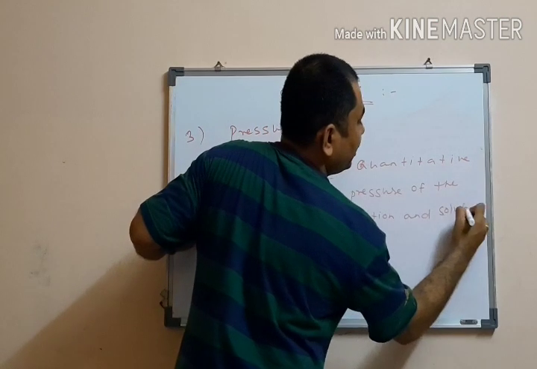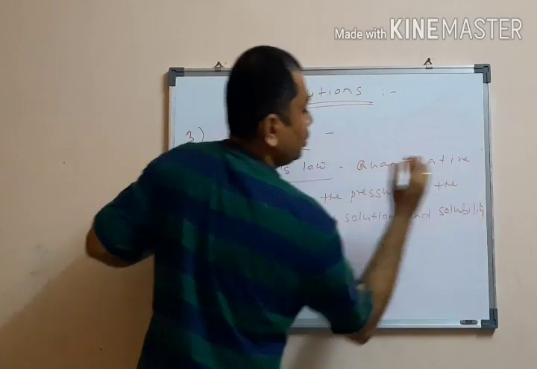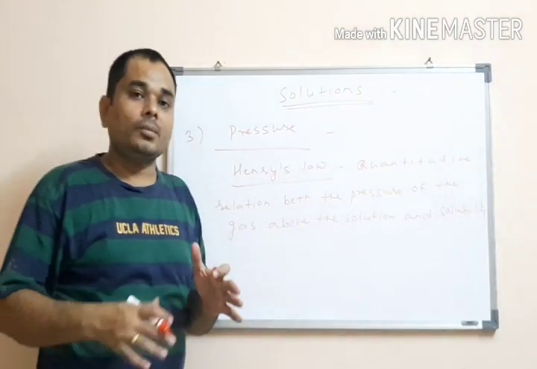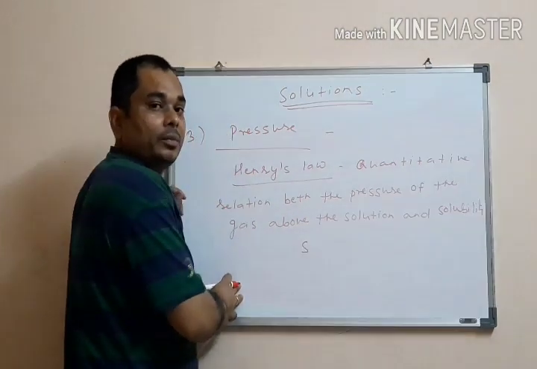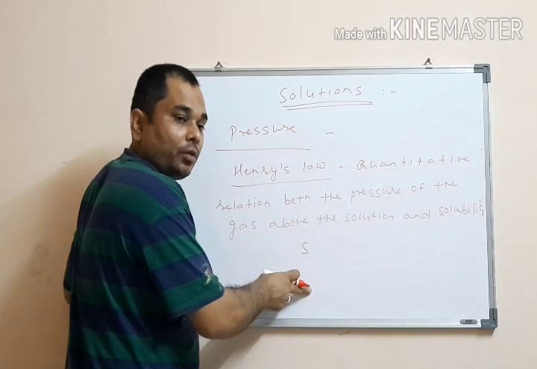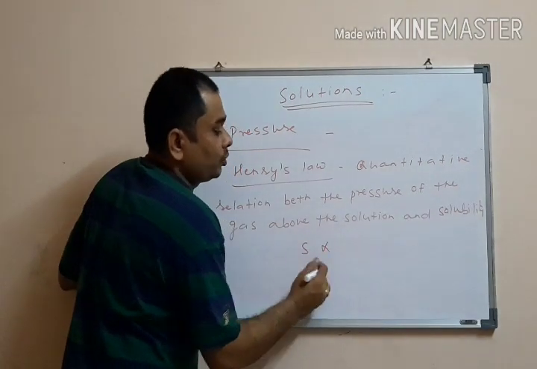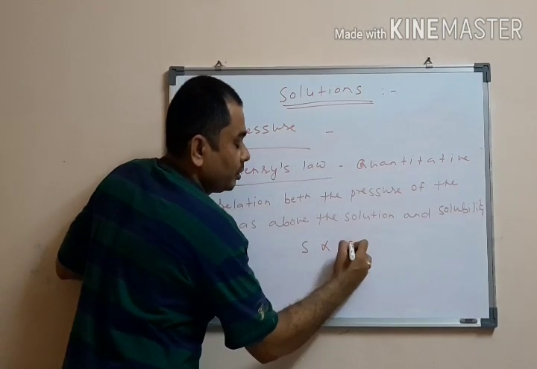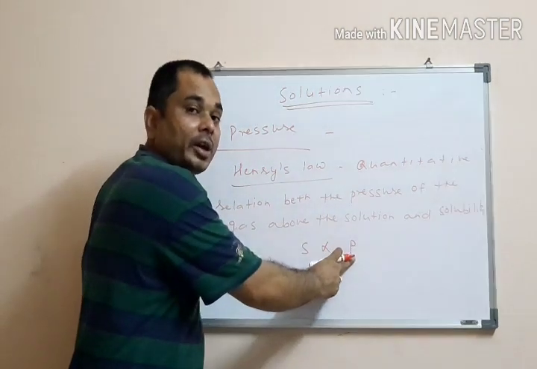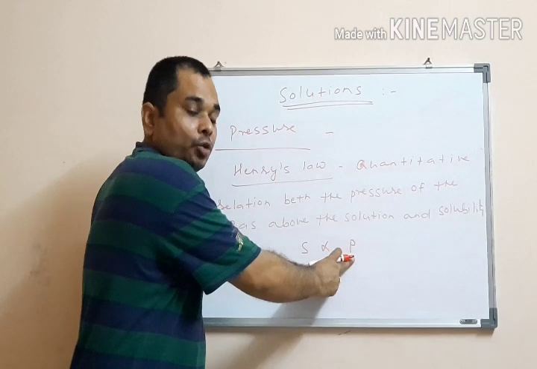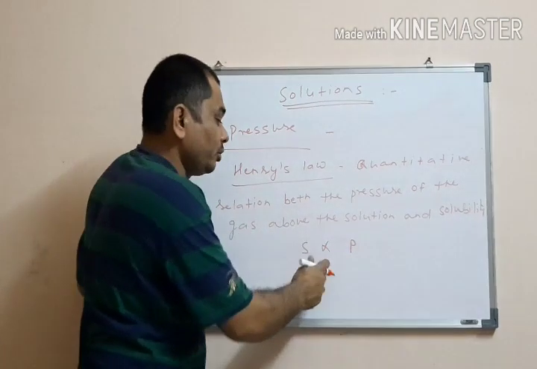It says the solubility of a gas in a liquid solvent is directly proportional to the pressure of the gas above the solution. So if the pressure increases, solubility also increases.